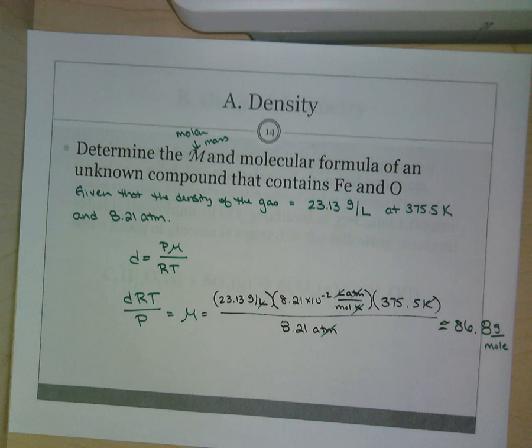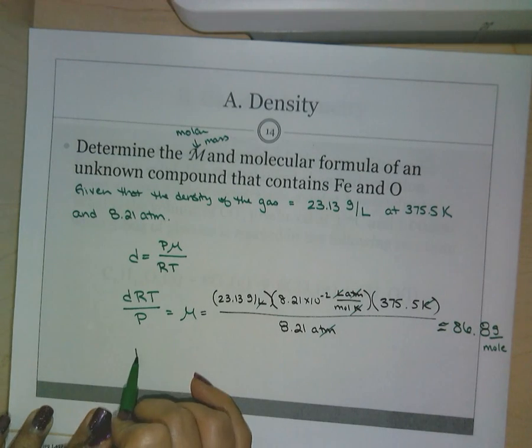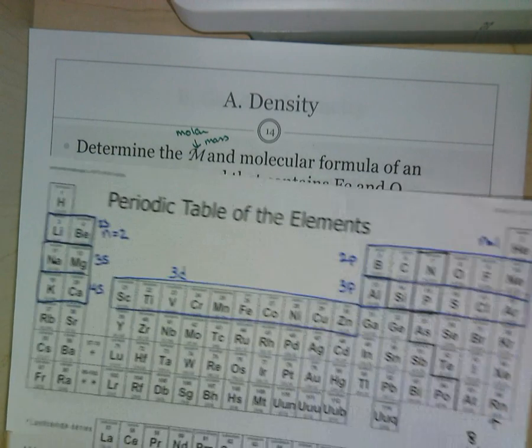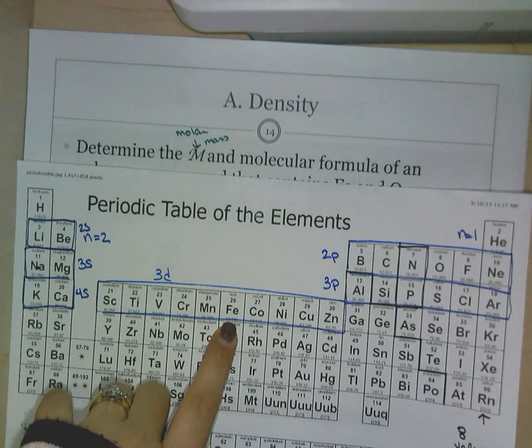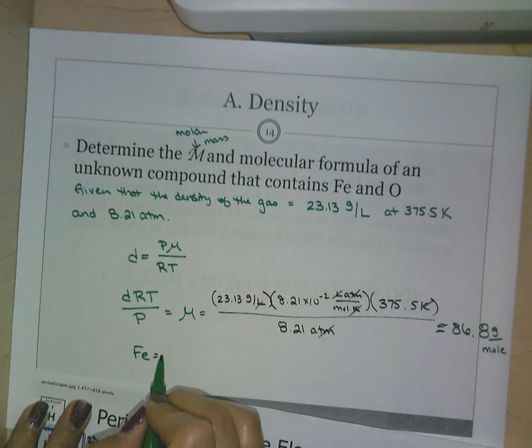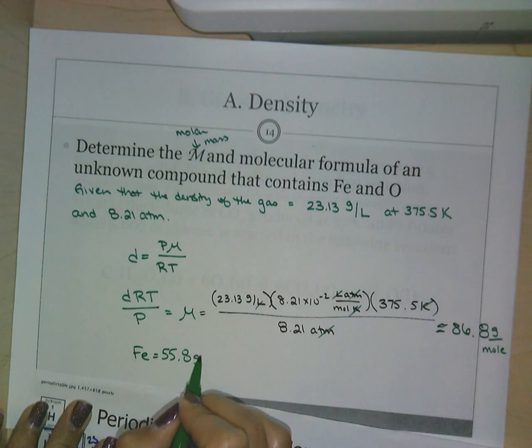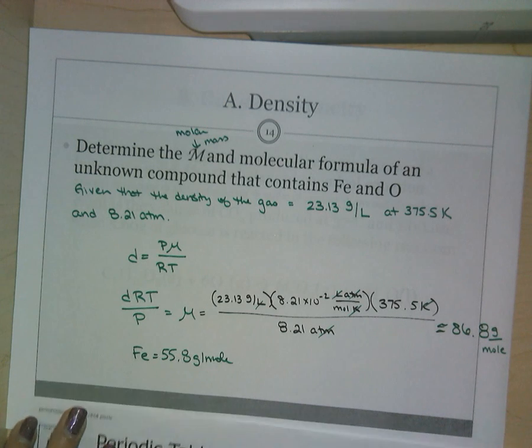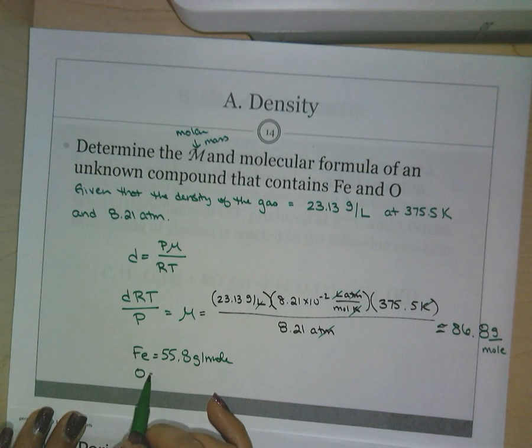So then the second part is figuring out the formula of the compound that contains that much iron and that much oxygen. So, iron has a molar mass of 55.8. Oxygen is 16.